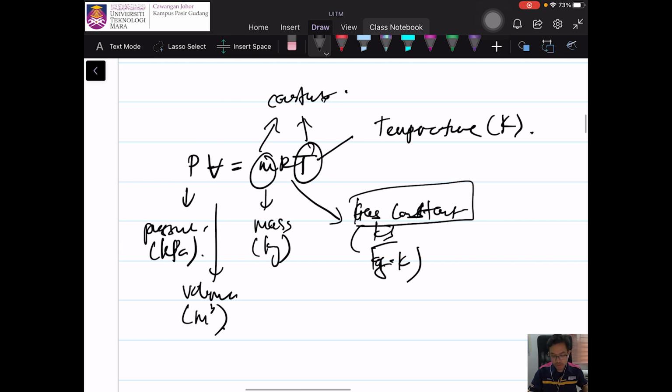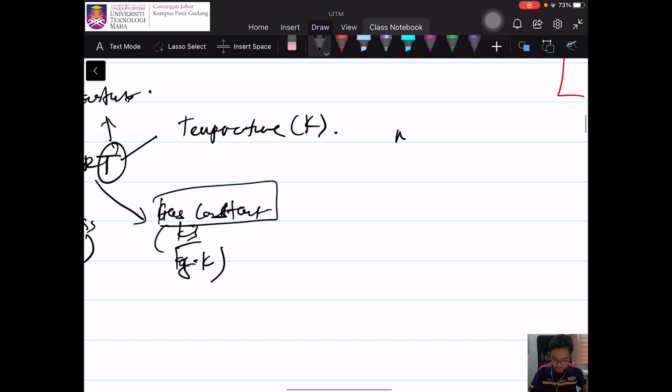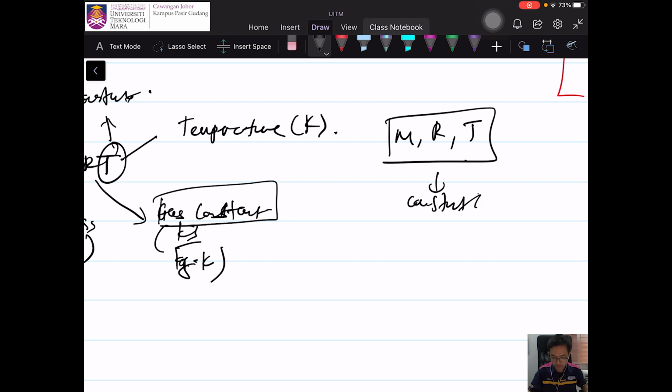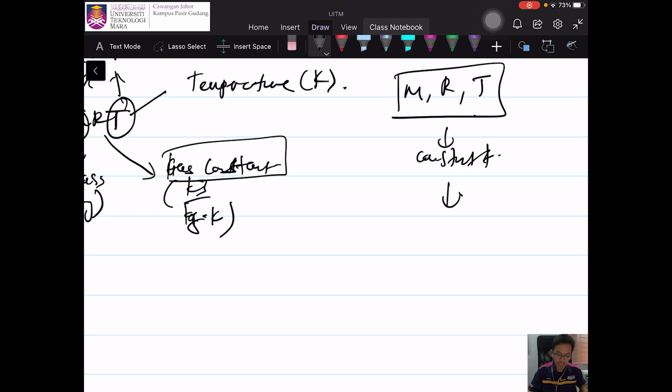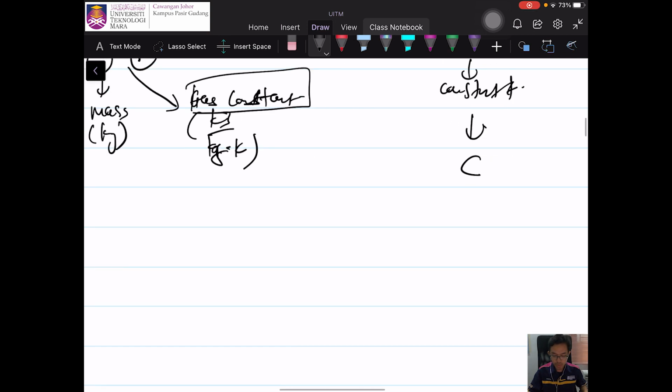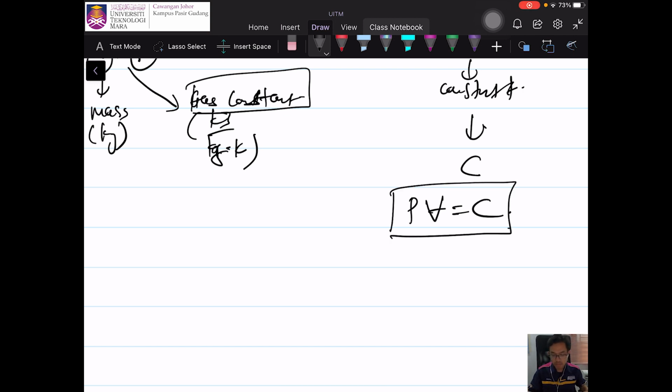So on the right hand side of this equation, m, R, and T are constant values. I will write this multiplication of m, R, and T as a big constant C. So my equation now becomes PV equal to C, and this is related to Boyle's law again.